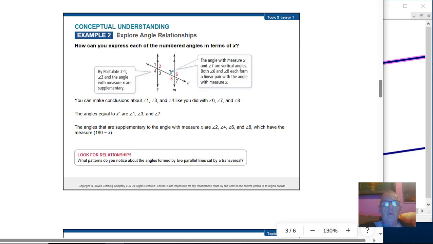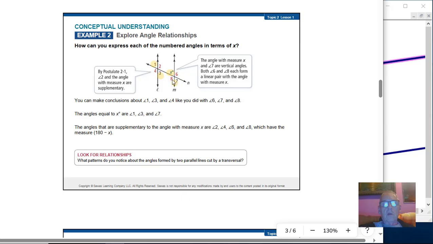So angle x and angle 1 are in corresponding positions. We saw from the demonstration that corresponding angles are congruent. By vertical angles, angle 7 is going to be congruent to x, and also angle 3 is going to be congruent to 1.